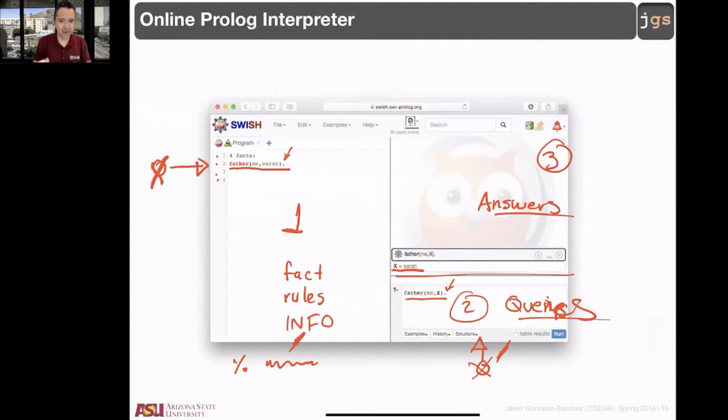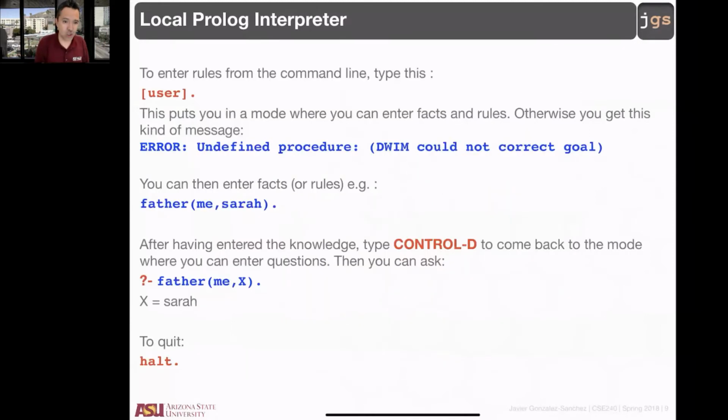It's like in the same console, you need to access the insert mode or the query mode. You change that in the console with a particular instruction. When you put that instruction in the console of the interpreter, you are able to provide information.